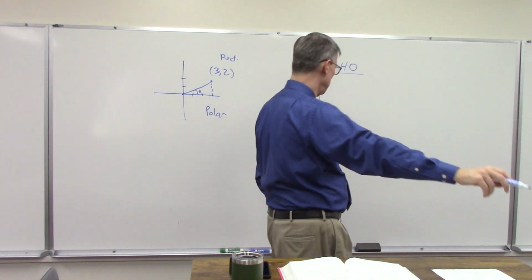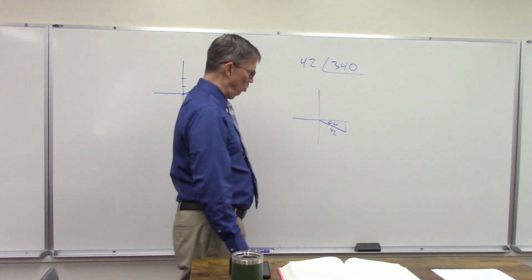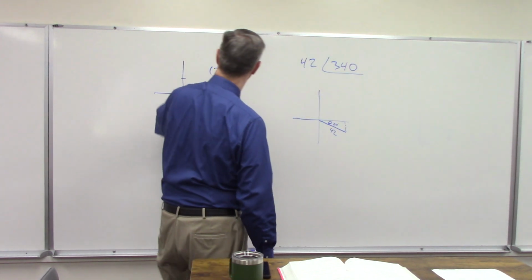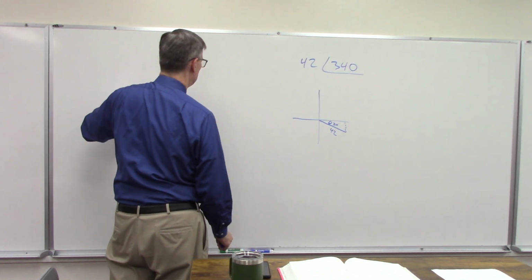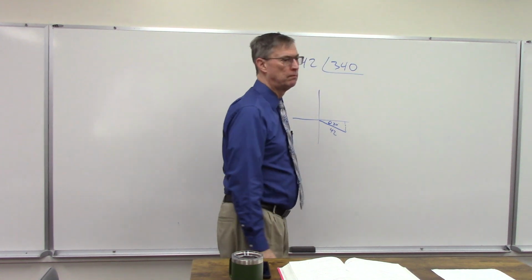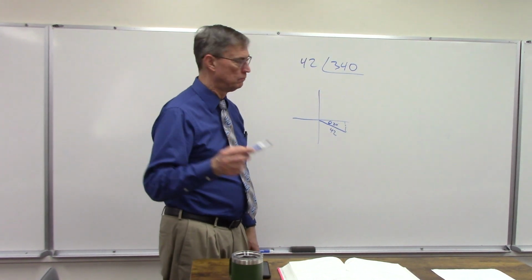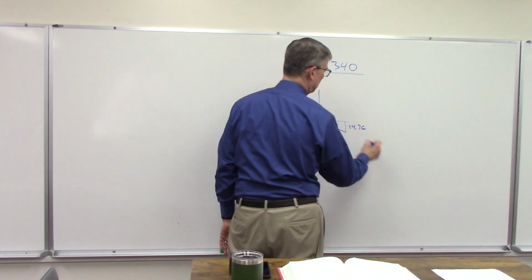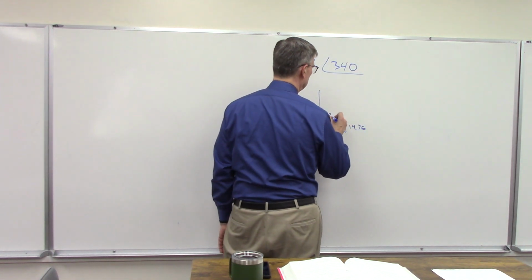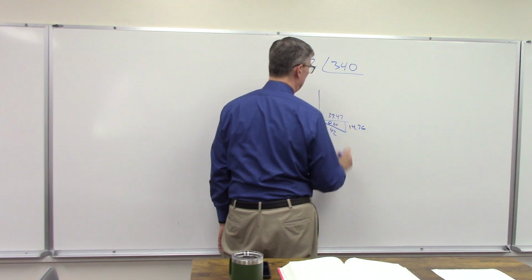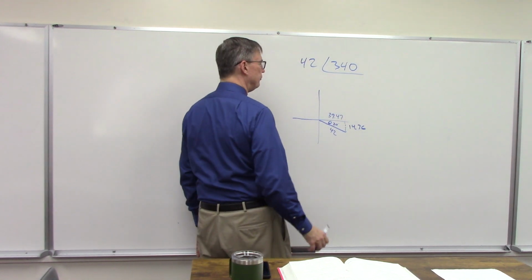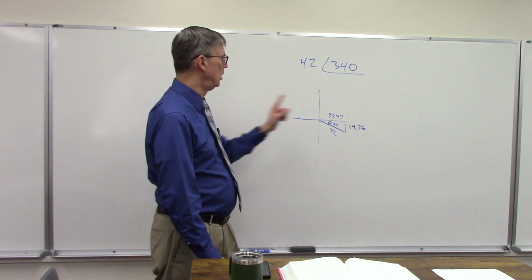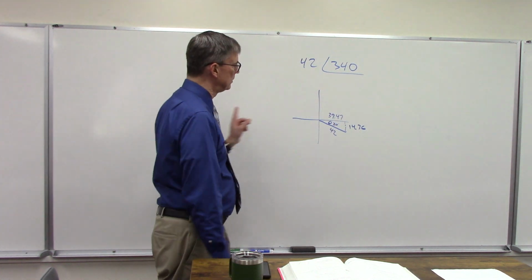You do the cosine of 20. 14.36. 39.47. Okay. 39.47 is on the right-left axis.